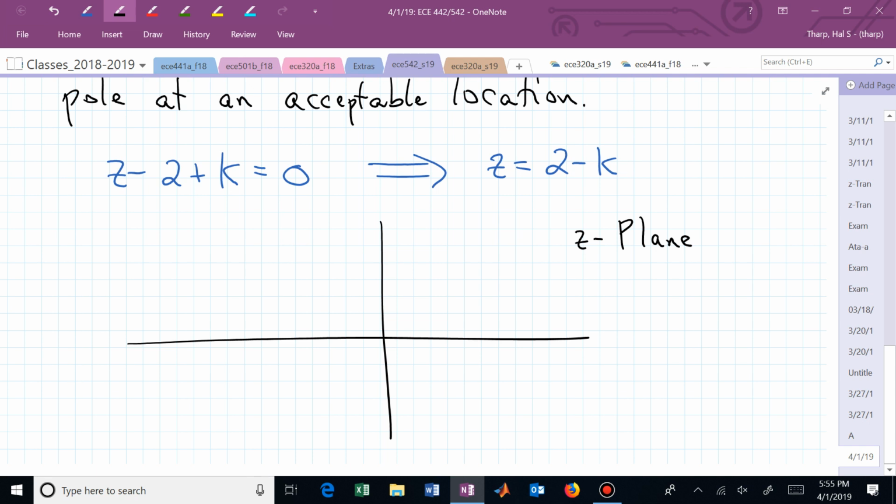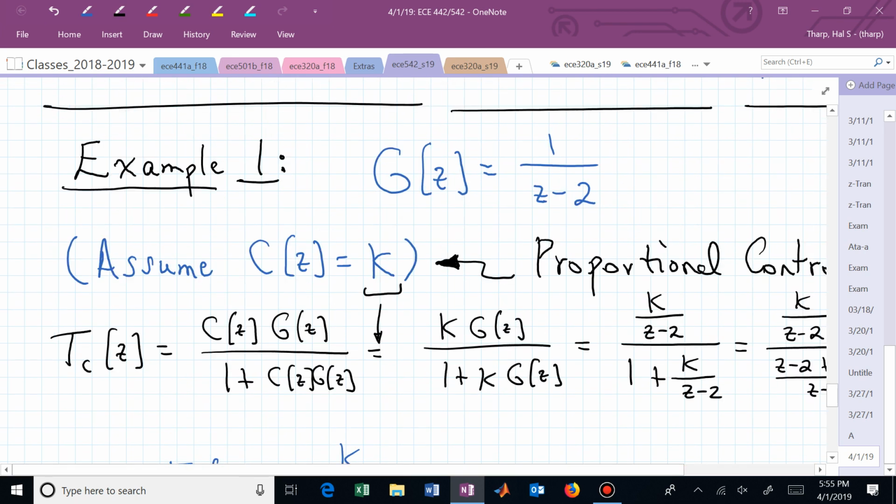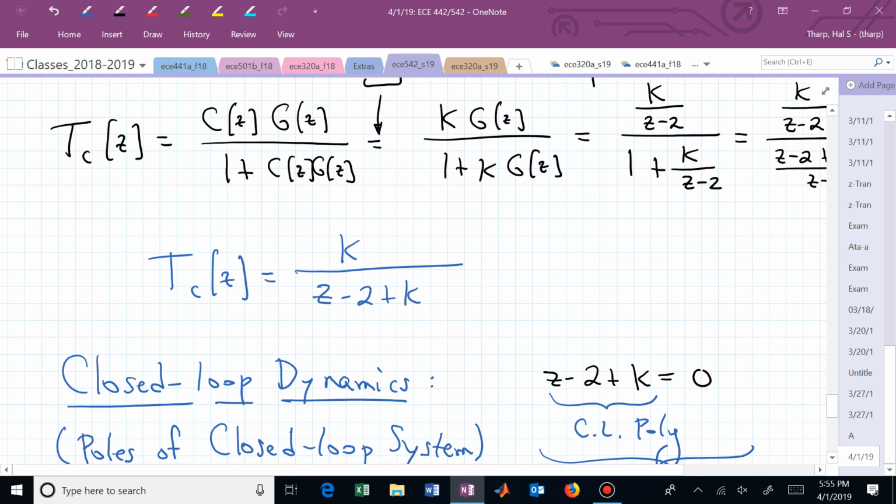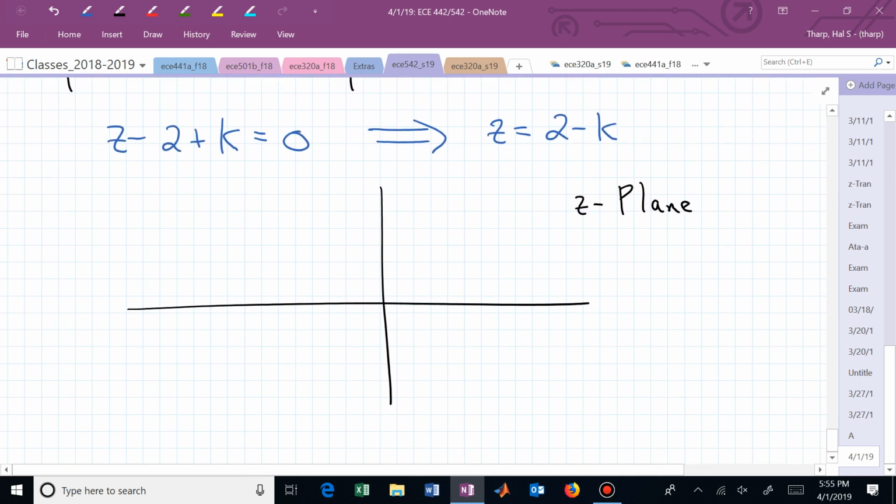If k is equal to 0, where's the pole? And when we started on this system, was our system stable or unstable in the open loop? Is g of z stable or unstable? It's unstable. That pole is outside the unit circle. It's located at z equal to 2, and that's where we start if k is equal to 0.